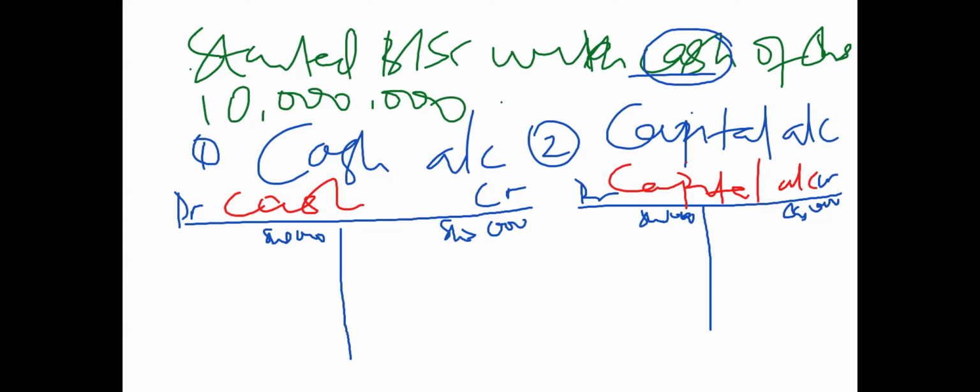But whenever there is a transaction that involves cash, then it is always advisable to look at it from the cash point of view or the cash side. So if you have seen that we have a cash account in a transaction, then you have to ask yourself whether cash is coming in or cash is moving out of the business.